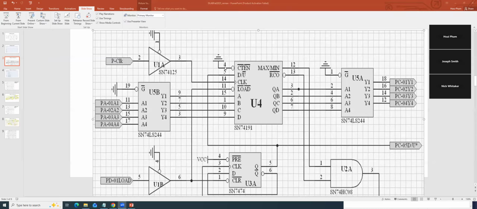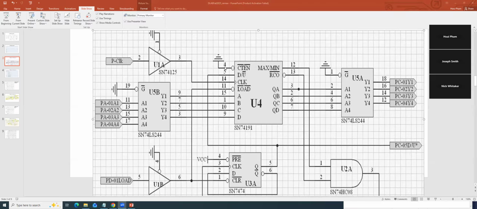Okay? Now, only two pins left over, pin 12 and pin 13. What happened to pin number 12? Well, that's the max min.